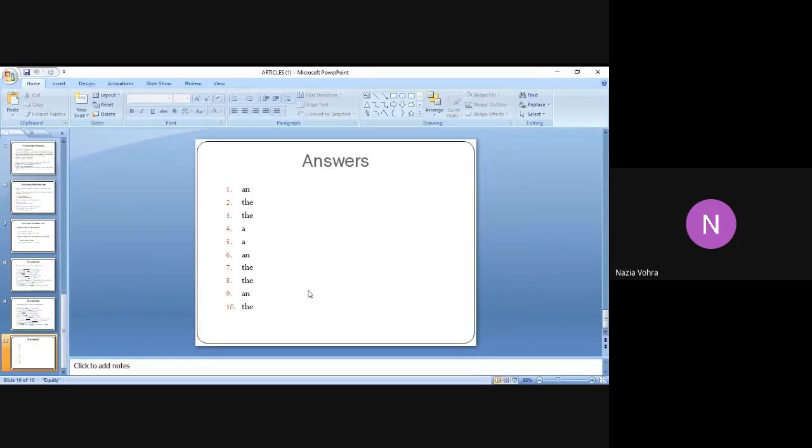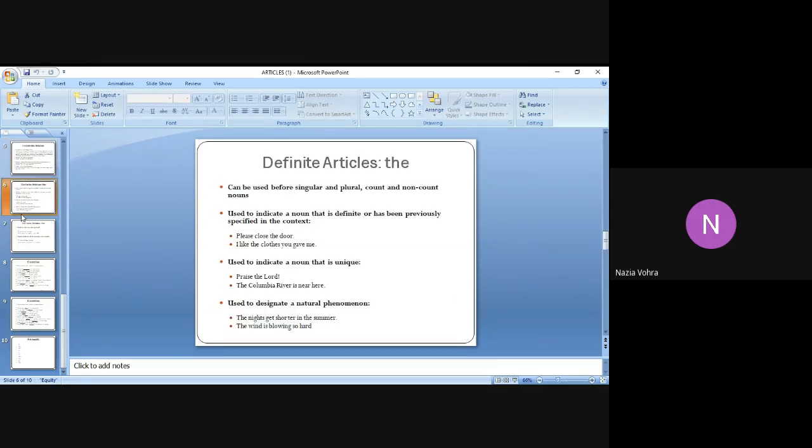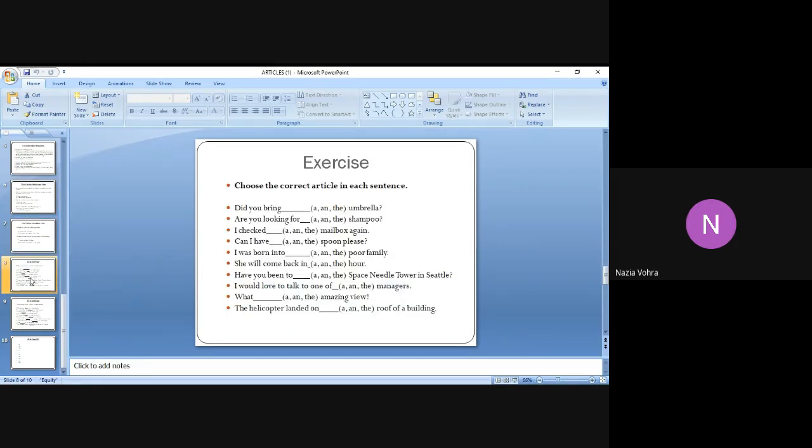Any doubts in these blanks, guys? No, ma'am. Are we sure? Yes, ma'am. Any doubts in any topics of indefinite, definite articles? Any doubt, guys?